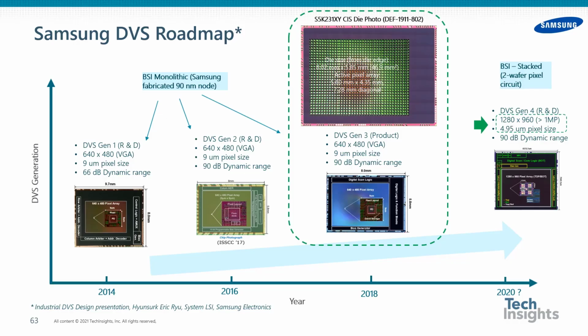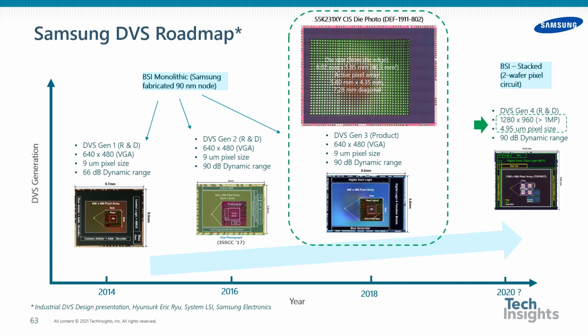If we look at the Samsung Dynamic Vision Sensor roadmap, Samsung developed the first generation of dynamic vision sensors in 2014, and those are VGA 9 micron pixel. Then they introduced in 2016 generation 2, also VGA 9 micron pixel. To our knowledge, those were developmental products.